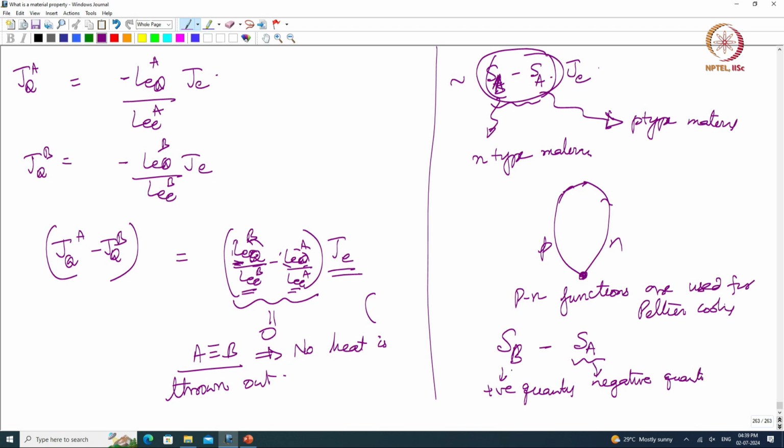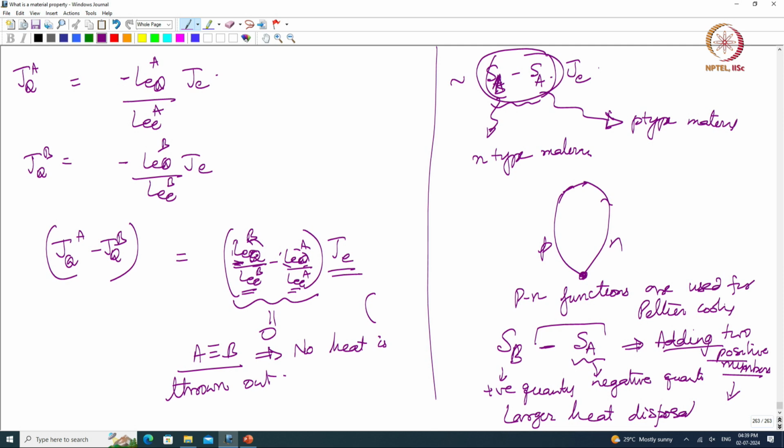So, minus S_A is a positive quantity. So, in some sense I am adding two positive numbers, so I will get a larger Peltier heat disposal, right. So, that is the rationale for using different types of carriers.